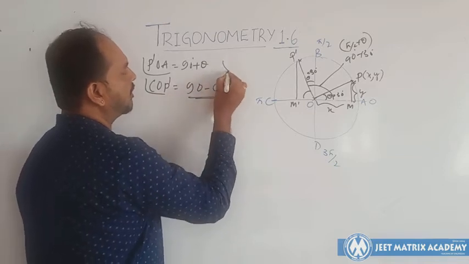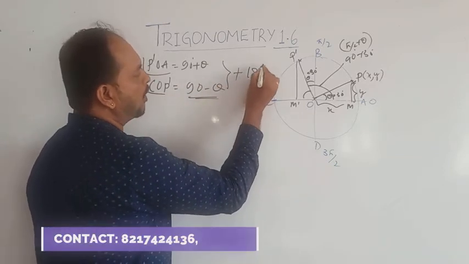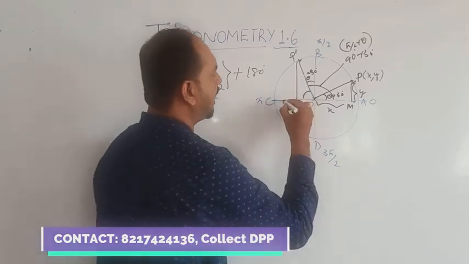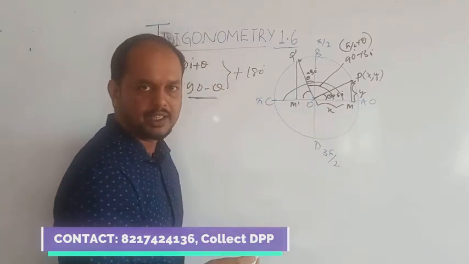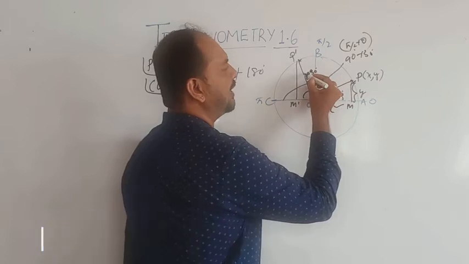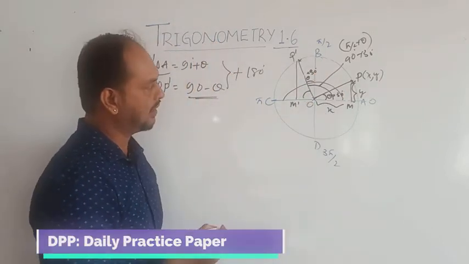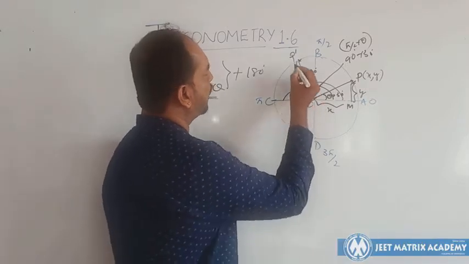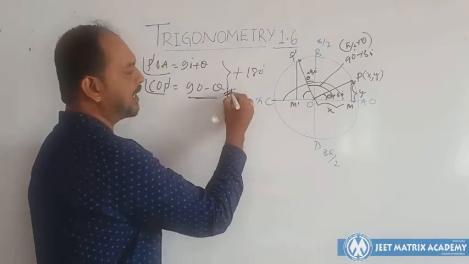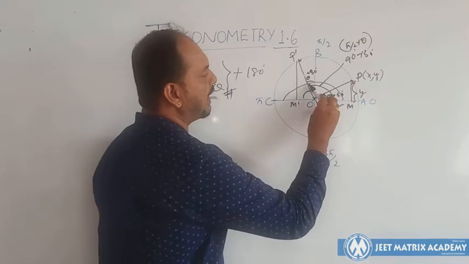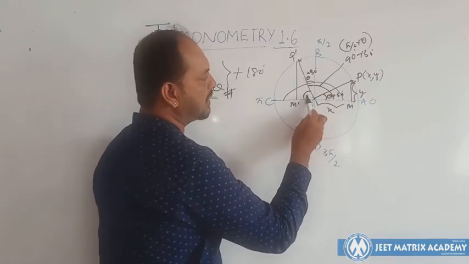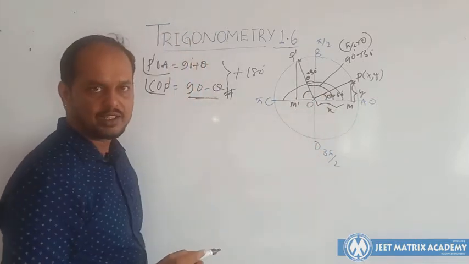If I add these two, how much do I get? 180. So this angle is 90 plus theta and this angle is 90 minus theta. This much is very clear. Whatever angle this makes here will be the same in the second quadrant.